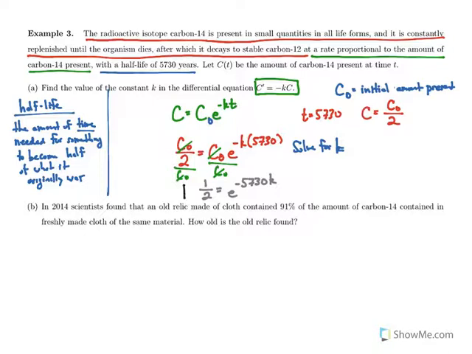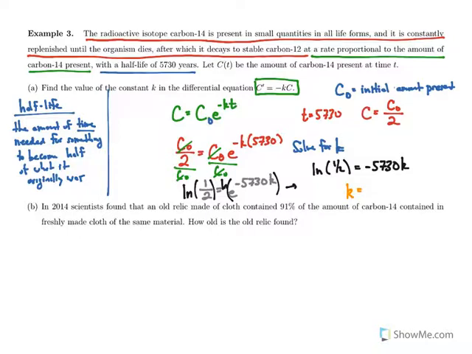Then I'm going to take the natural log of both sides to get rid of the e. This will give us natural log of 1/2 is equal to negative 5,730 k. And finally, we're going to divide by negative 5,730.